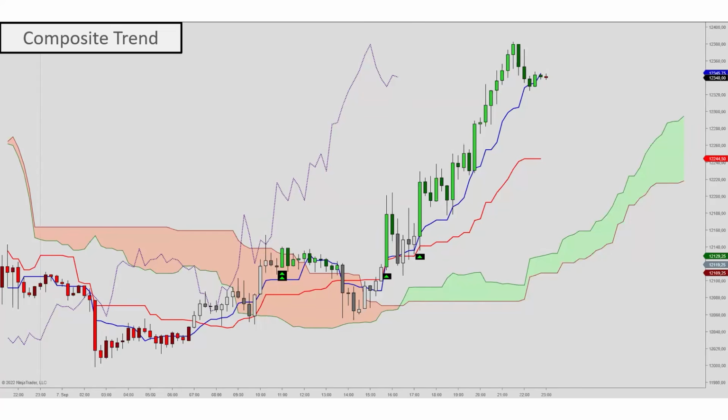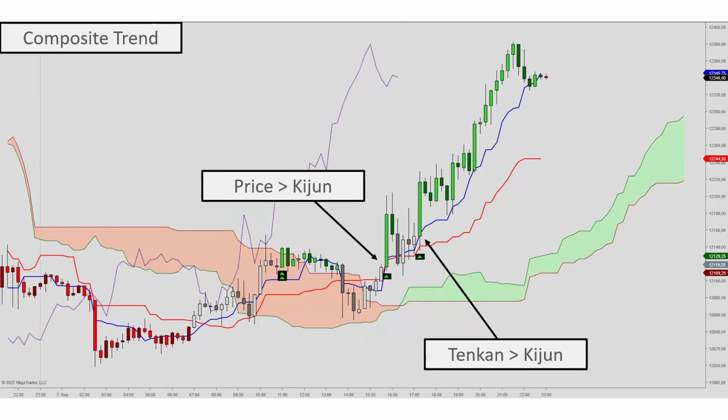By using these components, you can set the trend requirements. By default, we've set it to include 3 of the available trend filters that come with the Ichimoku. First, we want the price to be above the Kijun-sen. Then we want this cross to have occurred, so the Tenkan-sen has to be above the Kijun-sen for the bullish scenario.